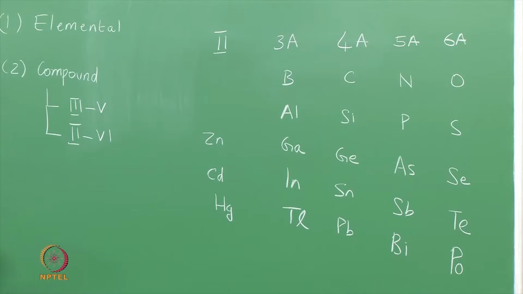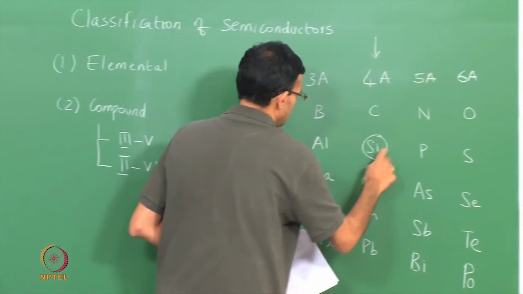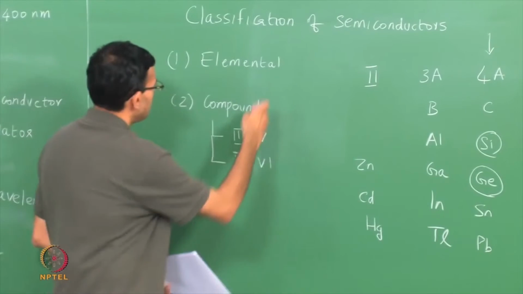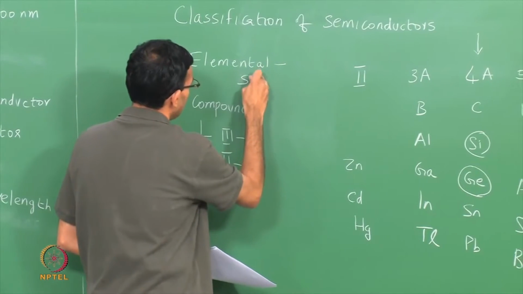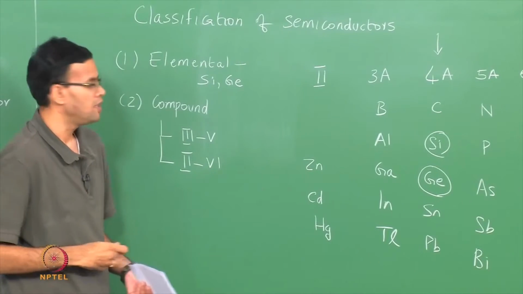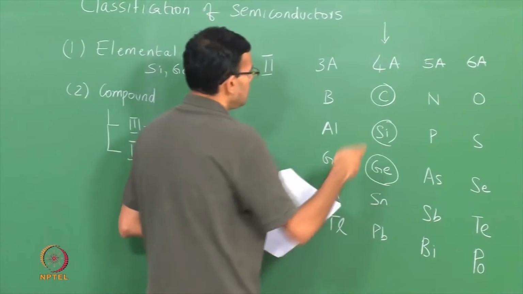Now, if you look at it, group 4 has silicon and germanium, which are our classic elemental semiconductors. So, the most prominent example, silicon and germanium. Carbon, we said in the form of diamond, is an insulator.